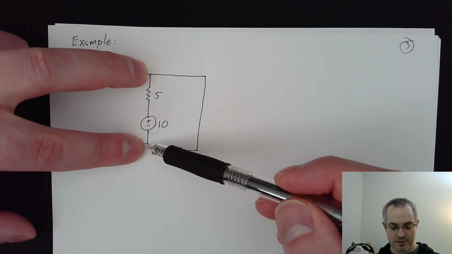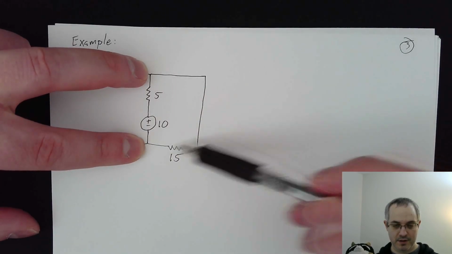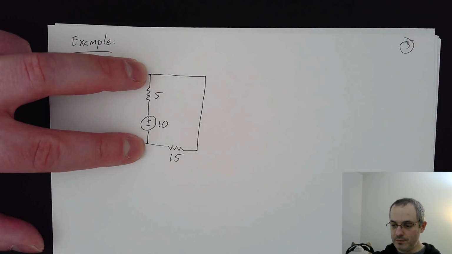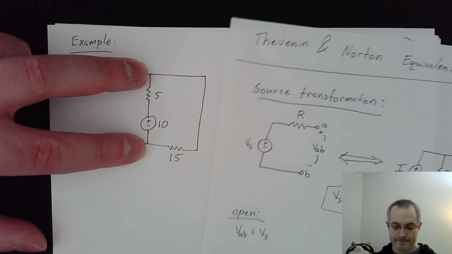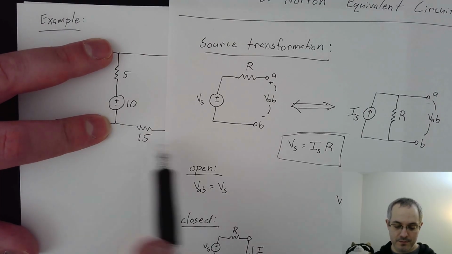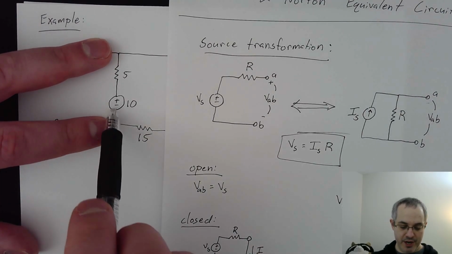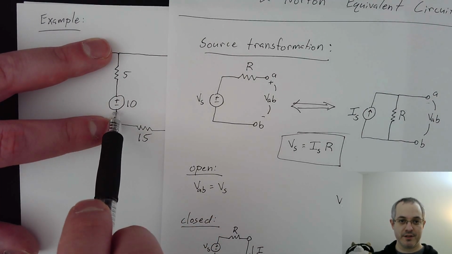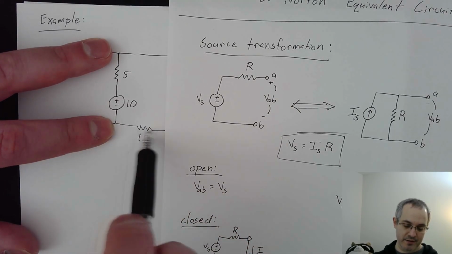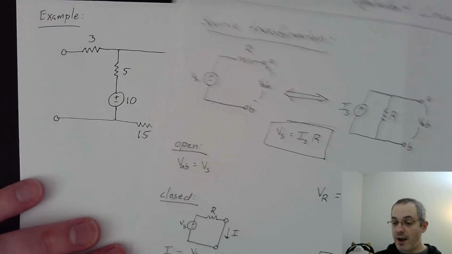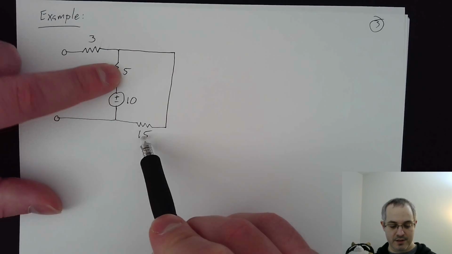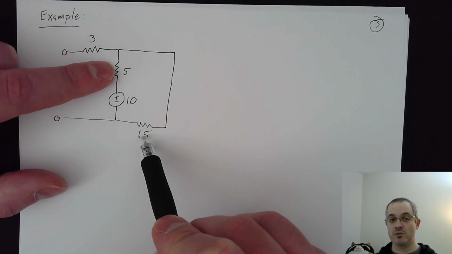They're connected across the same node, so that's in parallel with those two things. If we could make the resistor here be parallel to this one, then we could add them up. Right now you can't add them up because there's this voltage source there, so you can't add this 15 and 5. They're neither series nor parallel.